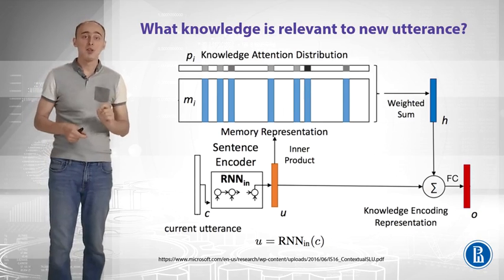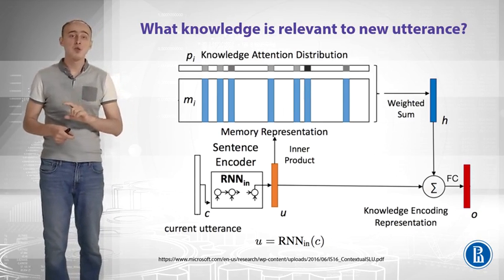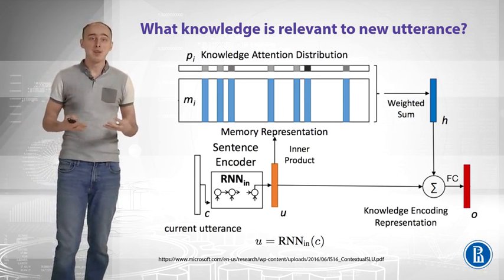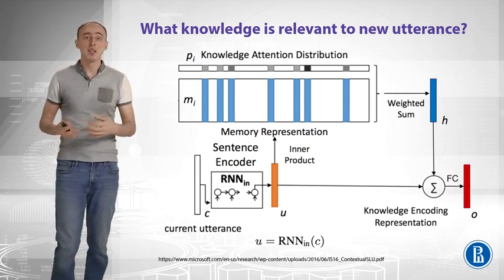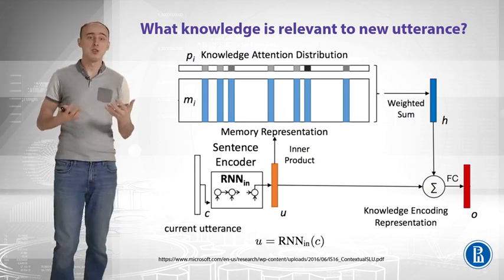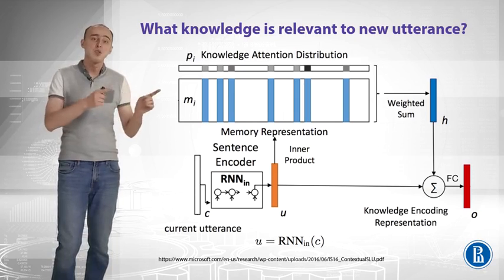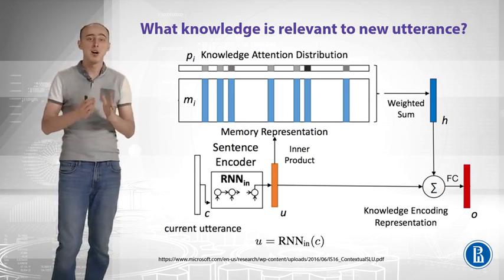For that, we use a dot product with the representations of utterances we had before. After applying softmax, we have a knowledge attention distribution. So we know what previous knowledge is relevant to our current utterance and which is not.